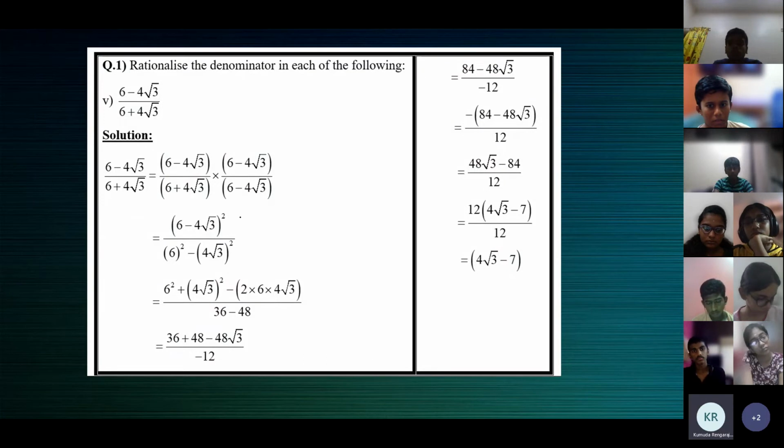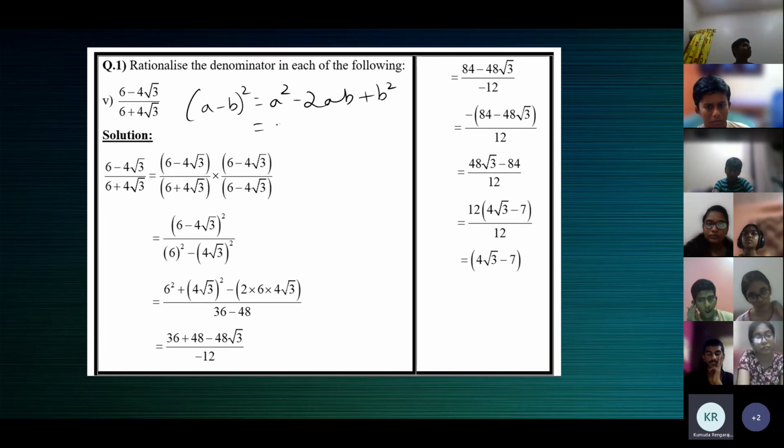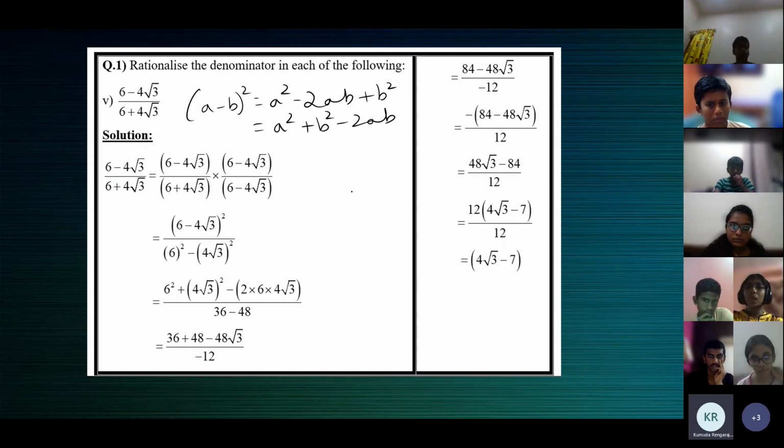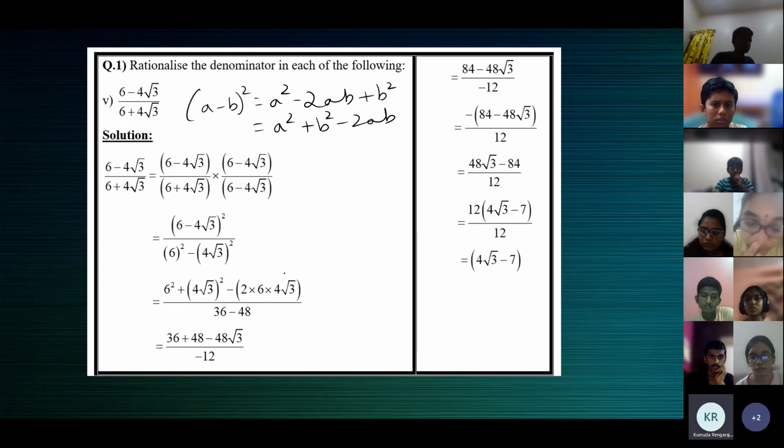Now in the numerator, we need to simplify using the identity A minus B the whole square is equal to A square minus 2AB plus B square. Or you can say A square plus B square minus 2AB, whatever.